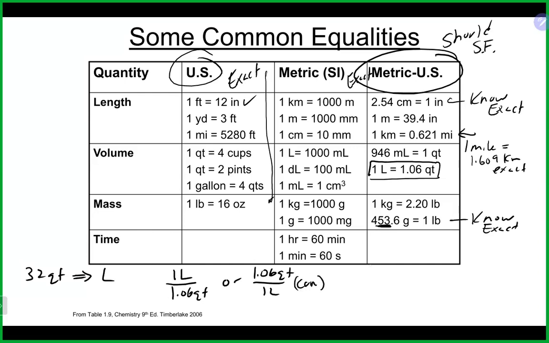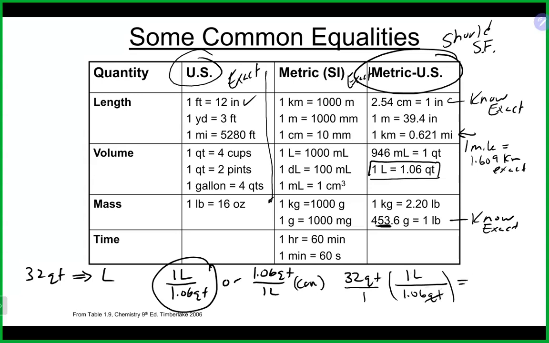Now we're going to start with what was given to us, which is 32 quarts. Once again, it is considered to be on top, even though it's not really written as a fraction. That means our opposite is what we want to use. So we want the opposite location here, with 1.06 quarts on the bottom and 1 liter on top.